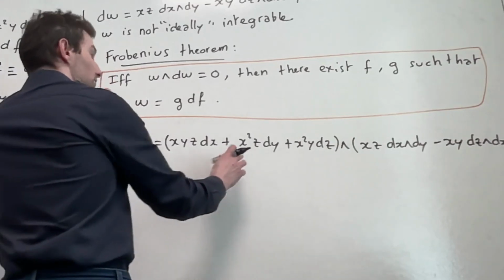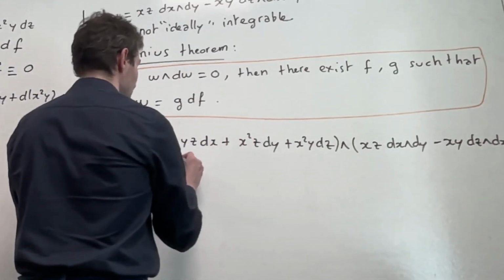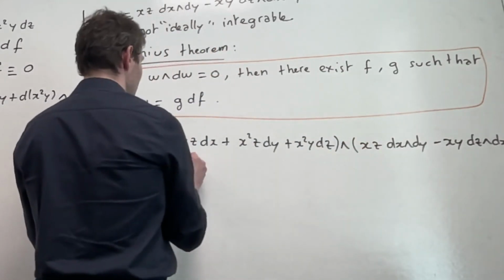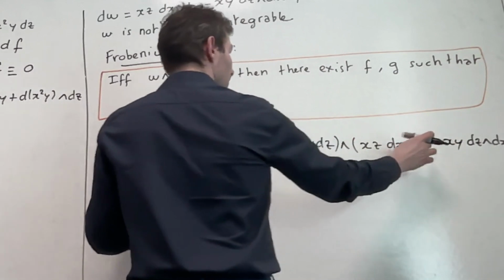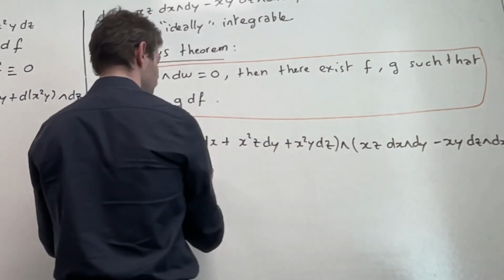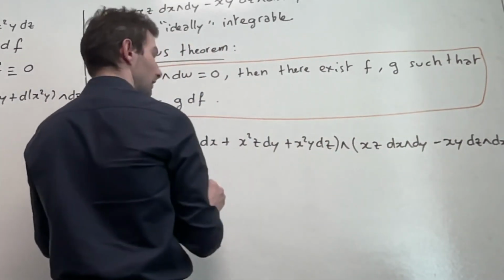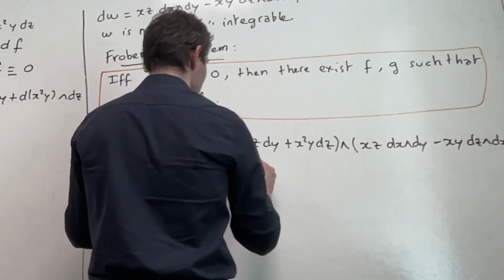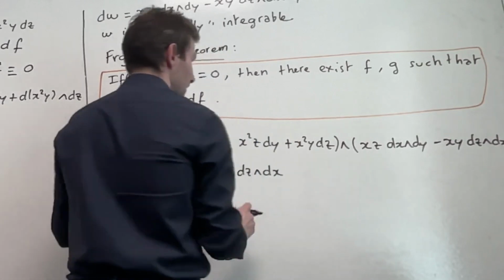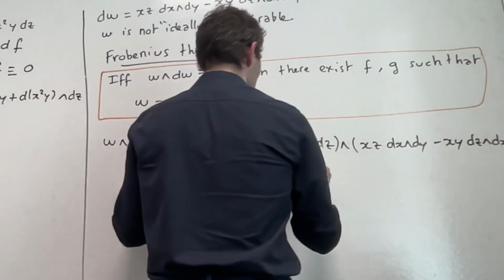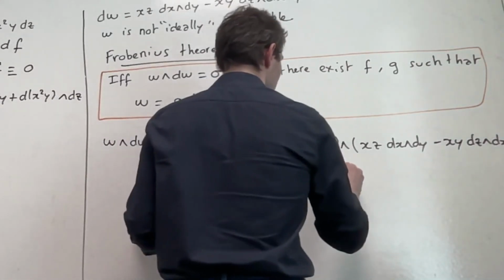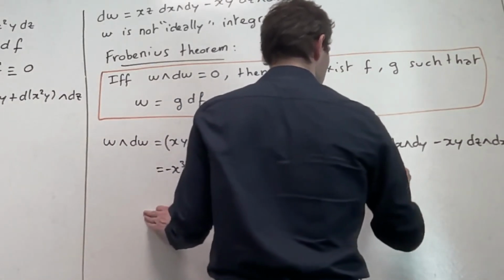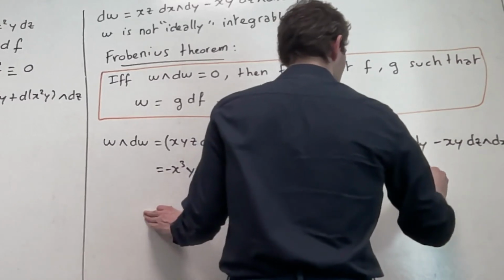And so let's do it. Here we've got x squared, so in fact directly minus x cubed yz, and then dy wedge dz dx, and then we've got plus x cubed yz, and then dz wedge dx dy.